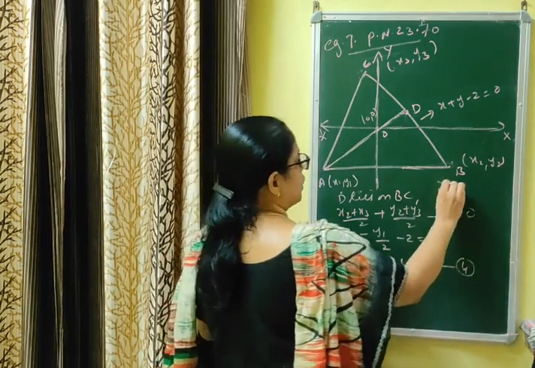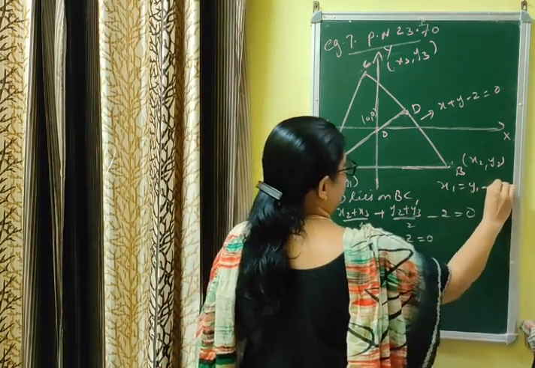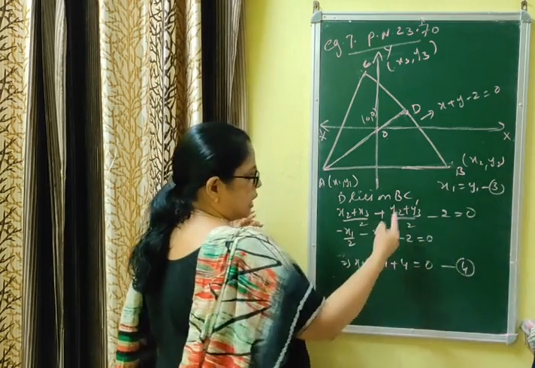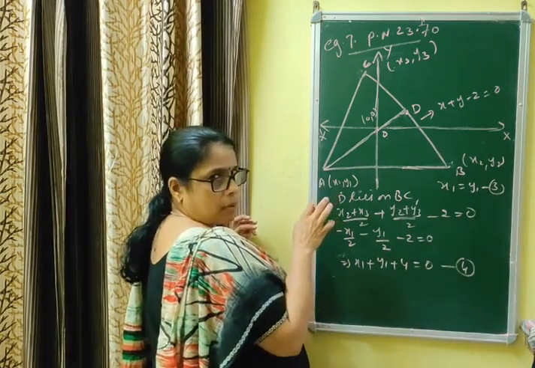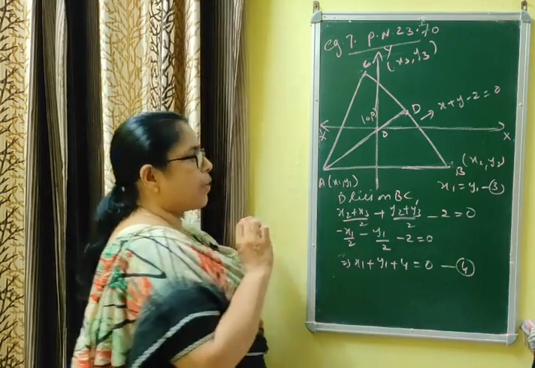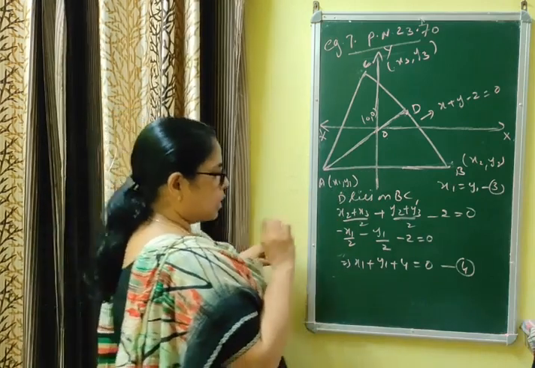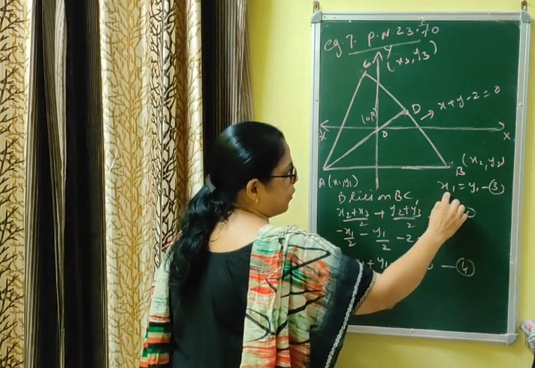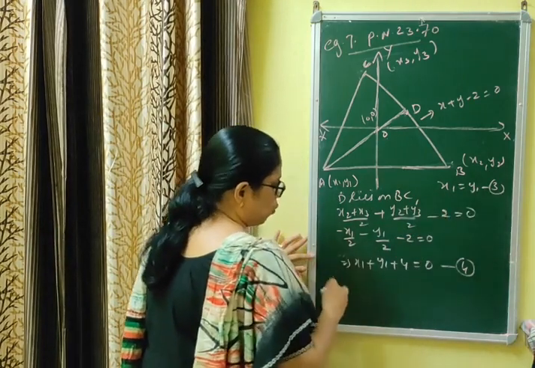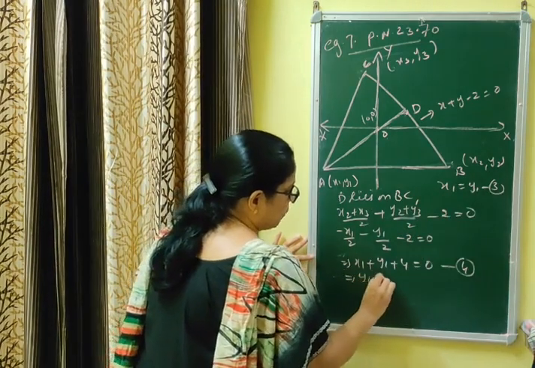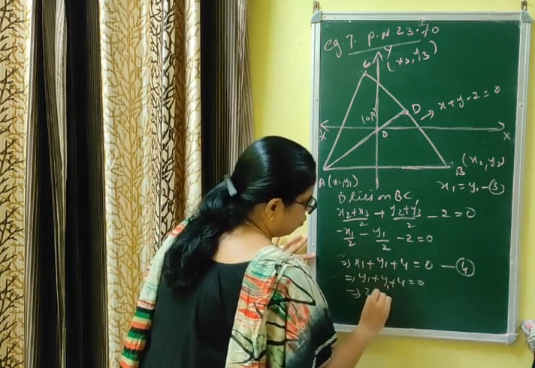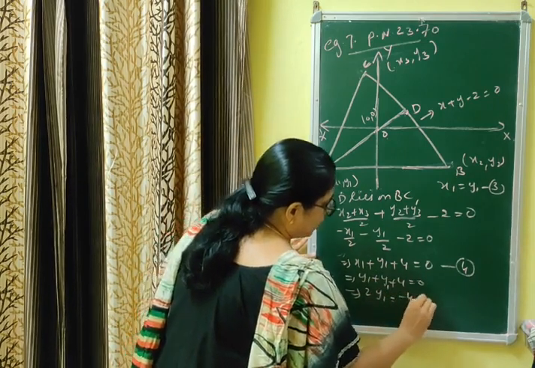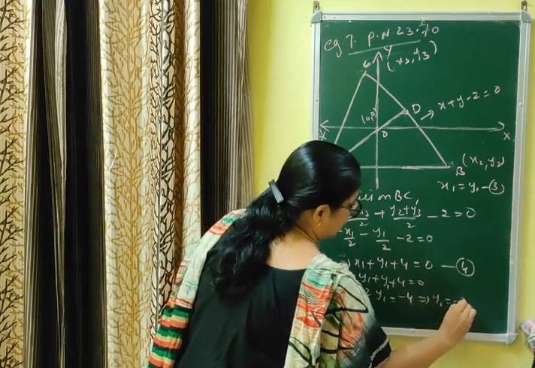Equation 3 we have got as x1 equal to y1. That means we have two equations in x1 and y1. If you solve these equations by the method of elimination, we can find the value of x1 as well as y1. Putting x1 equal to y1 in 4, you will get y1 plus y1 plus 4 equal to 0, which implies 2y1 is equal to minus 4, which implies y1 equal to minus 2.